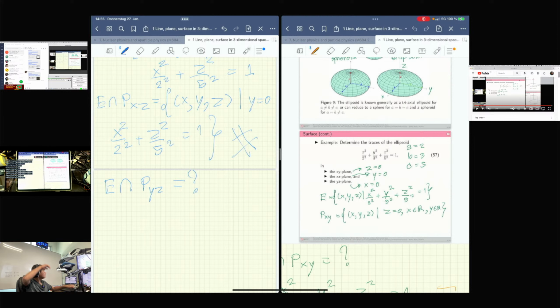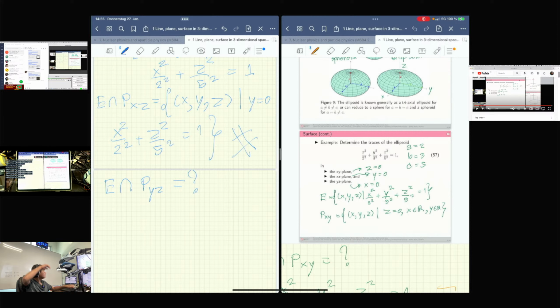And now we arrive at 58, which is called elliptic paraboloid. We arrive at this topic. The ellipsoid has passed.